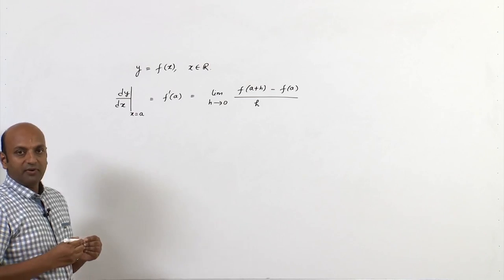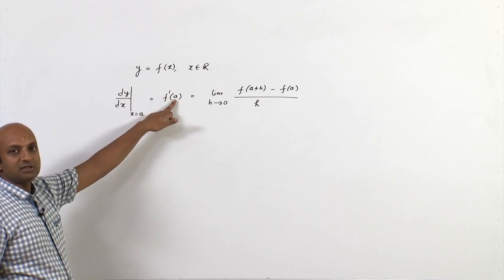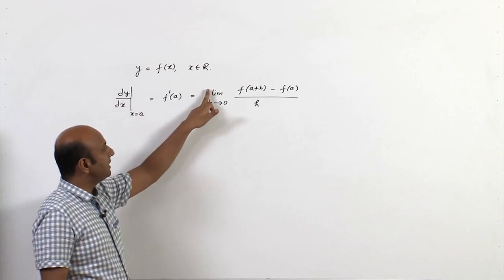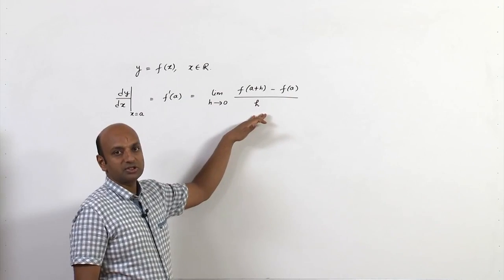So, this is how we define the derivative of a function at a point x equal to a. It is simply limit h tends to 0 of (f(a plus h) minus f(a)) upon h.